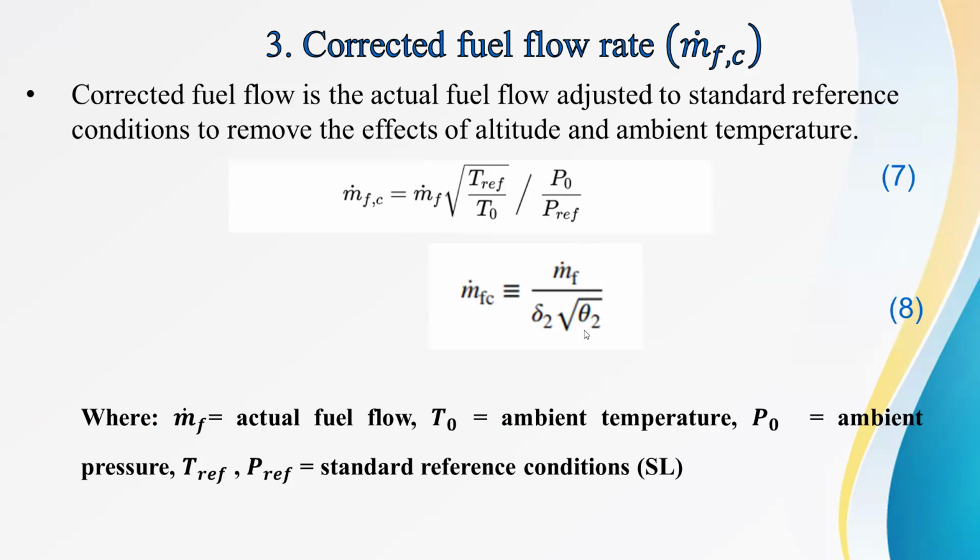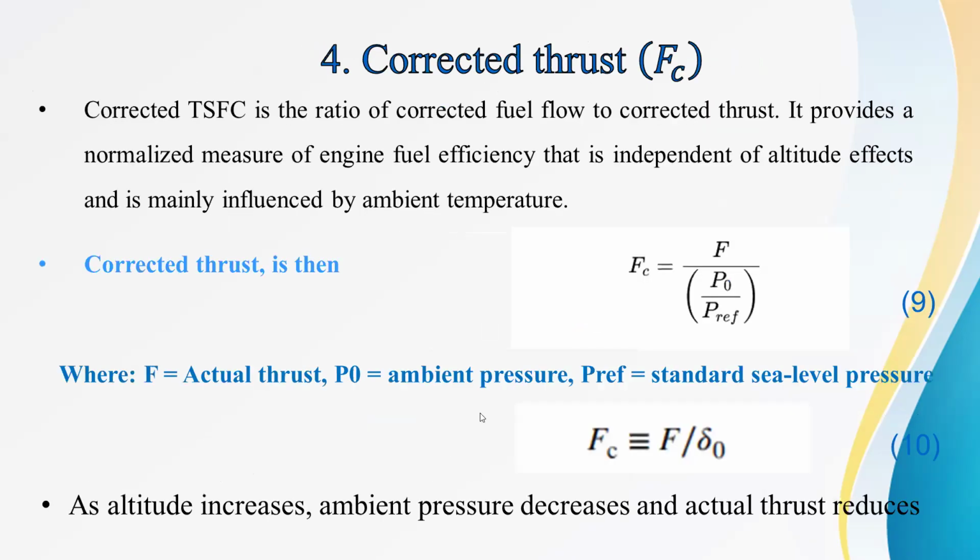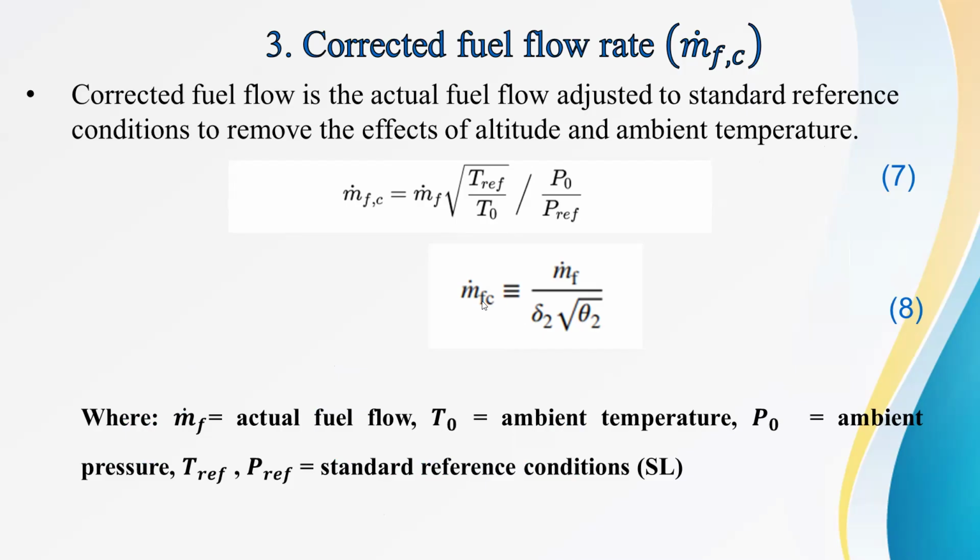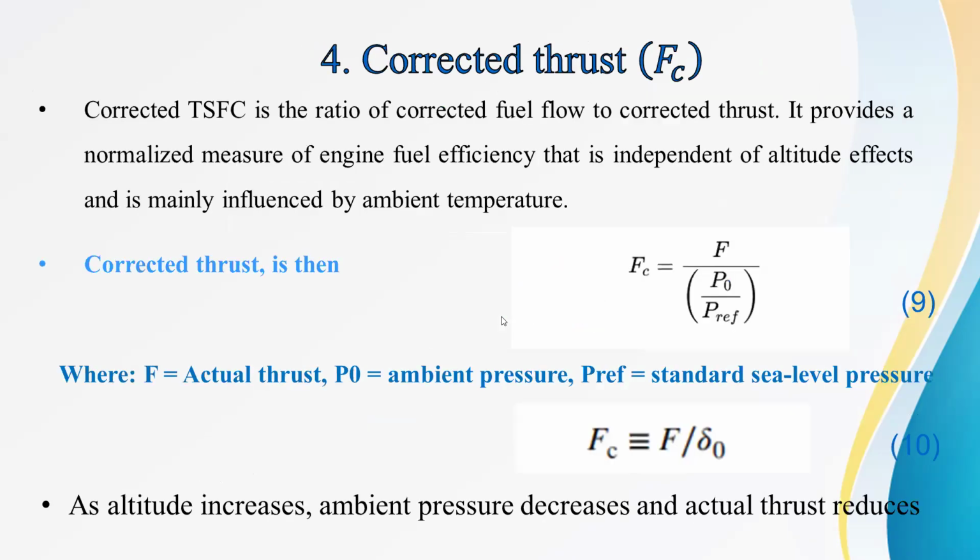So m_f is the actual fuel flow, T naught is ambient temperature, and P naught is ambient pressure, so that we can have this corrected fuel flow rate. Here air is not considered, it is fuel only.